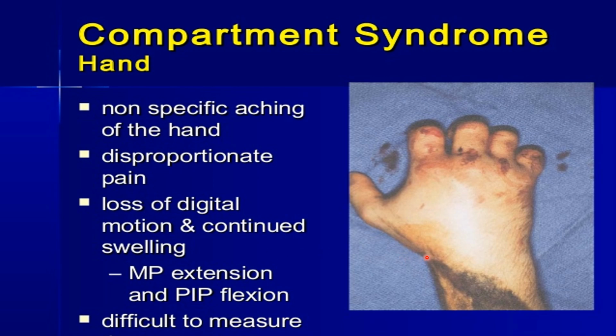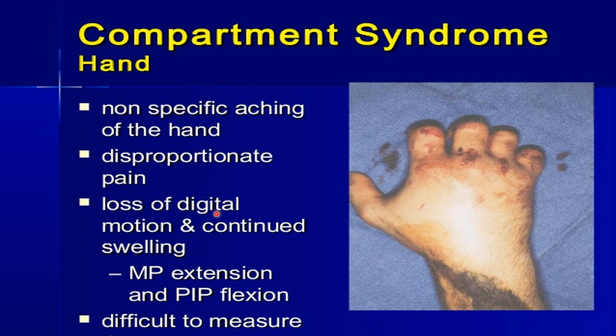So the signs and symptoms associated with compartment syndrome, there are 5 P's you can remember. There is pain in the region, pale skin tone, paresthesia, that is a numbness feeling, a loss of sensation, pulselessness, and paralysis, that is weakness with the movements.